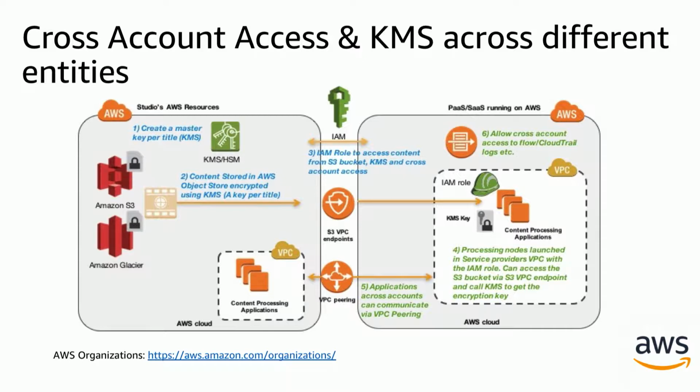So just imagine a content owner having their content sitting in an object store like S3, which is fully encrypted using KMS, and then somebody outside, like a third party, trying to access that content. You give them one-time credential or one-time access to go and read that piece of content. Okay, fine, they read that content, but it's all encrypted. So they need to request a data key to decrypt that content to actually make sense out of it. And you can accomplish it through Identity and Access Management through cross-account assume role.